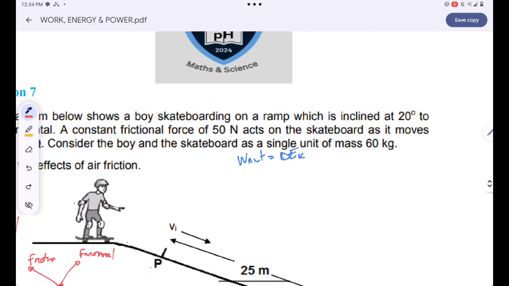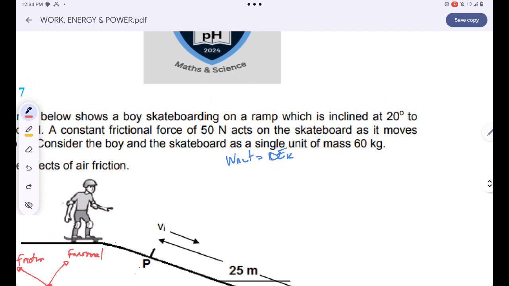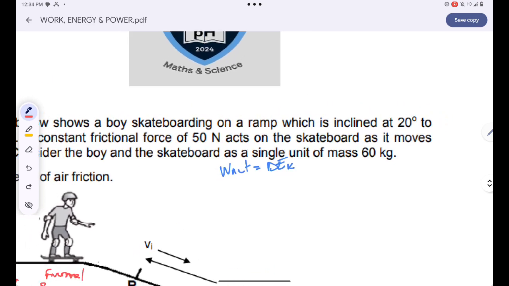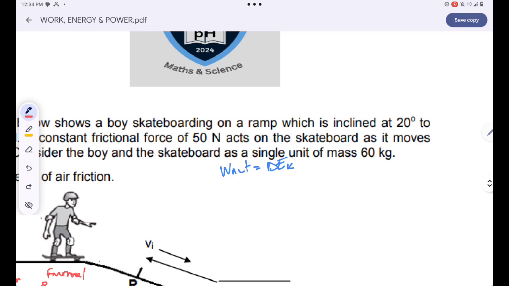Work net is equal to the change in kinetic energy. By definition, the work done by a force is equal to the product of the force in question and the distance traveled in the direction of the force. All right, together. Basically, what that means is just F net delta x cos of theta.